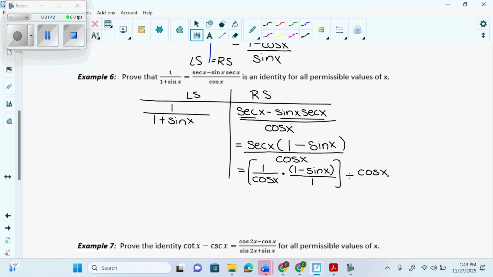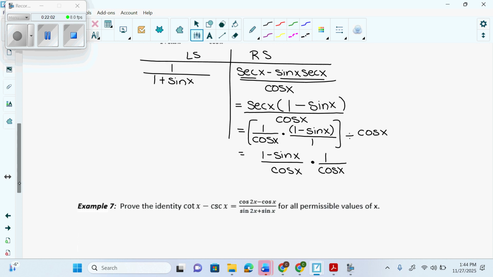Multiplying by 1 over cos x. So I get 1 minus sine x over cos x, because I multiply numerator times numerator, denominator times denominator. And now I'm going to multiply by 1 over cos x. So I'm going to get 1 minus sine x over cos squared x.